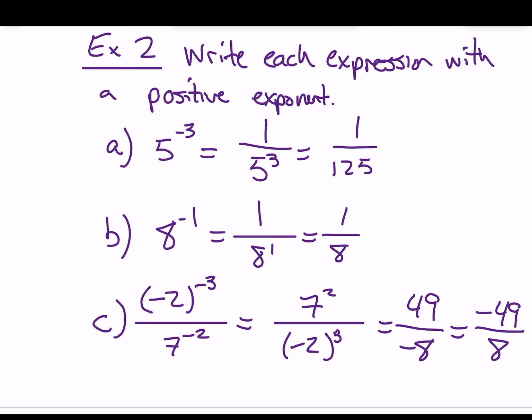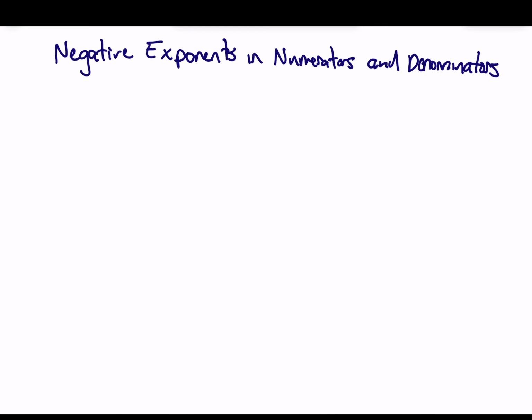So this leads us to a point where we can discuss negative exponents that happen both in the numerator and the denominator. Let's take a look and see what that looks like. Okay, negative exponents in numerators and denominators. This is a definition.